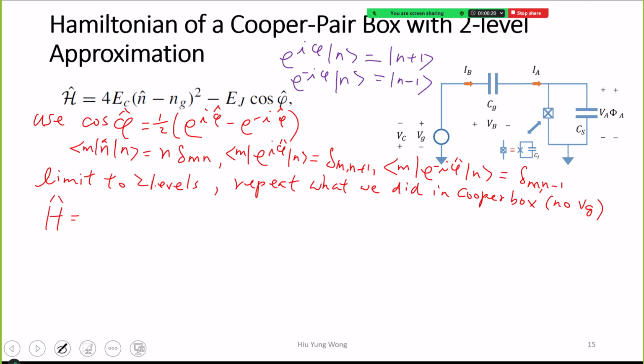I'm going to write this out. So we only have n equal to 1 and n equal to 0.